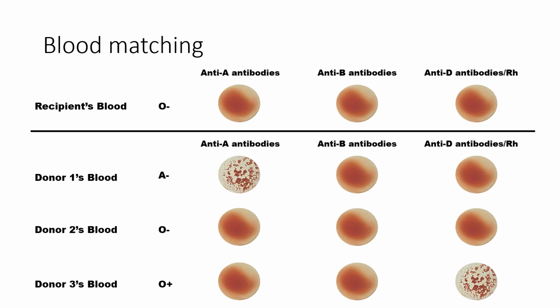So donor 1 is not a good match for our recipient. Now donor 2's blood is identical to the recipient's blood, so this is a good match.